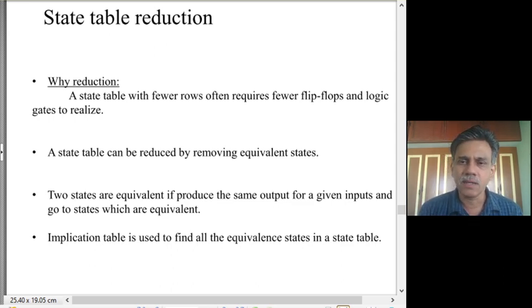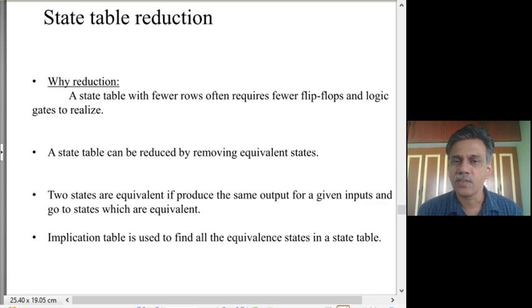Or in other words, suppose you have capital N number of states represented in the state graph or in a state table, then the number of flip-flops that you would require to store the states would be, first you take log N to the base 2 and then take the ceiling of that.